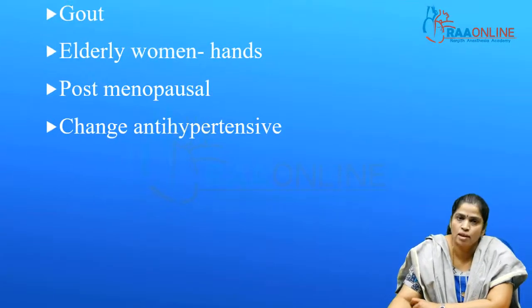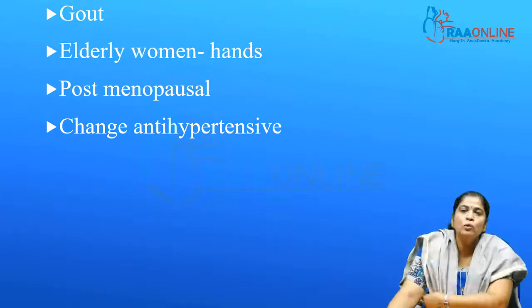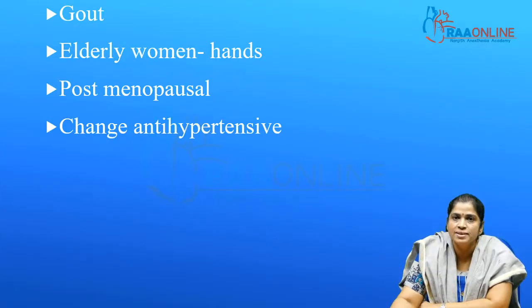This lady has gout. Gout usually presents with pain in the first metatarsophalangeal joint, the base of the big toe. That's the usual typical presentation. Of course, it can happen in the knee and other joints as well. But for elderly women, the hands are affected much earlier than the other joints.